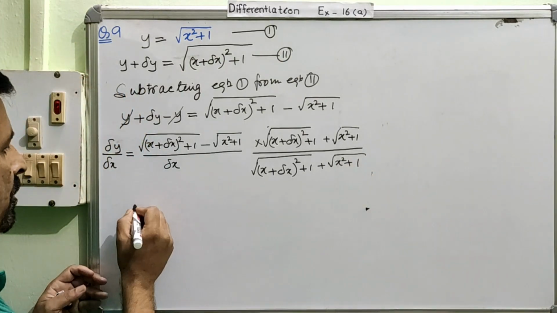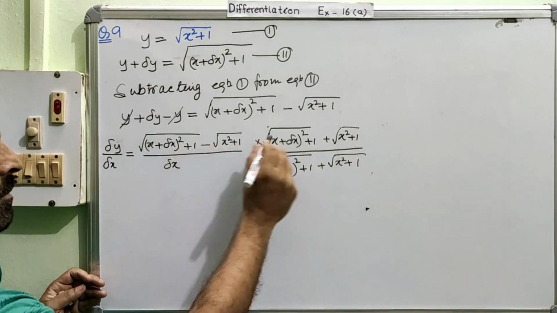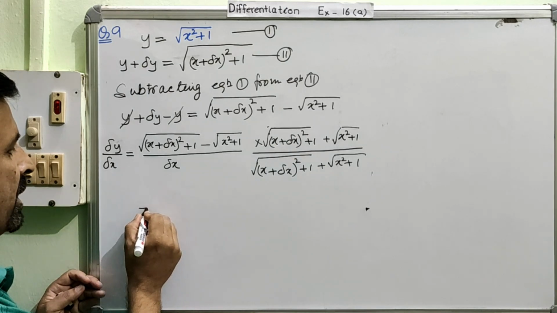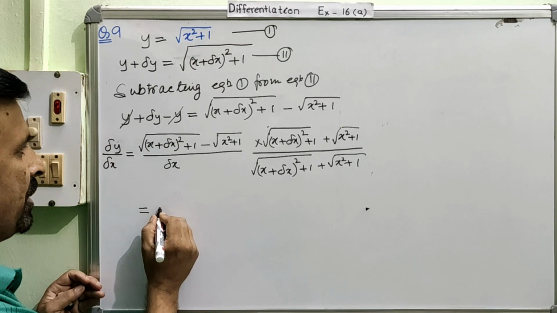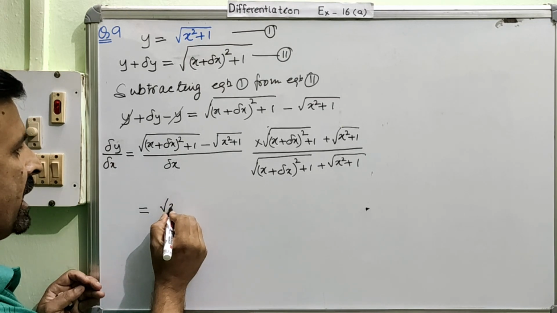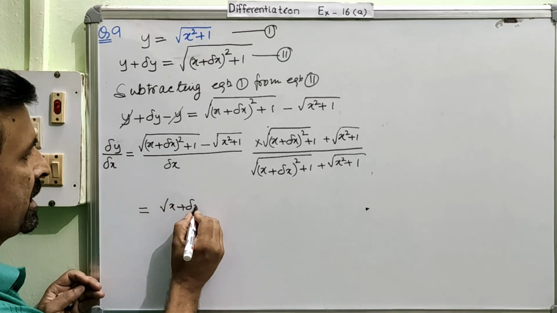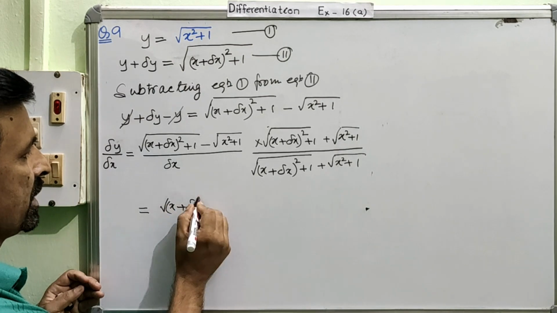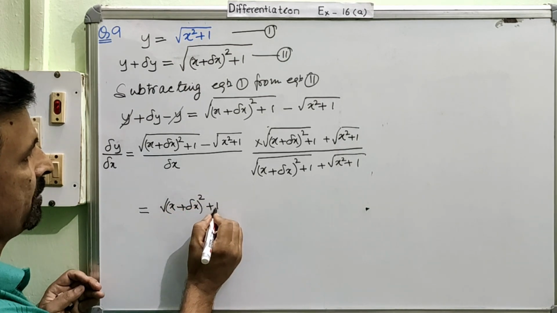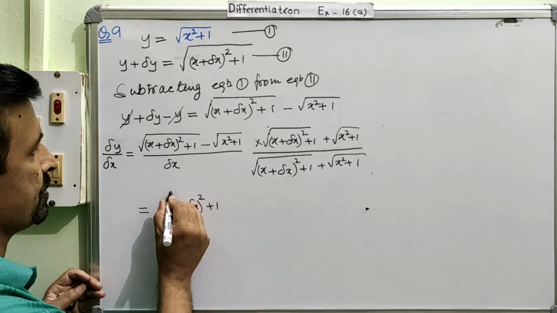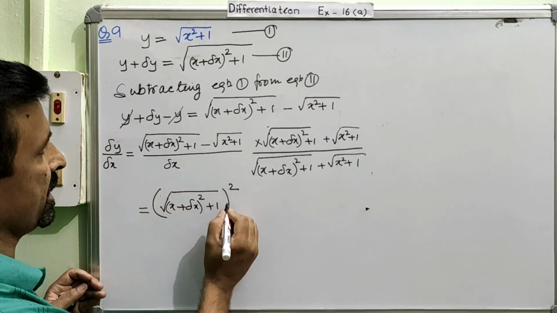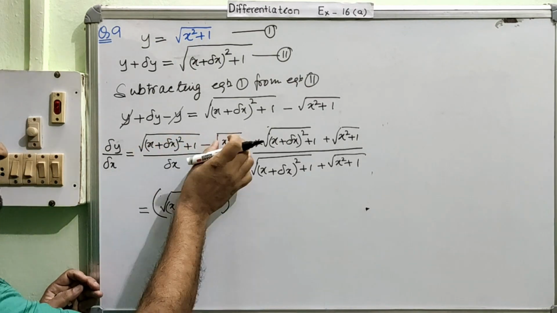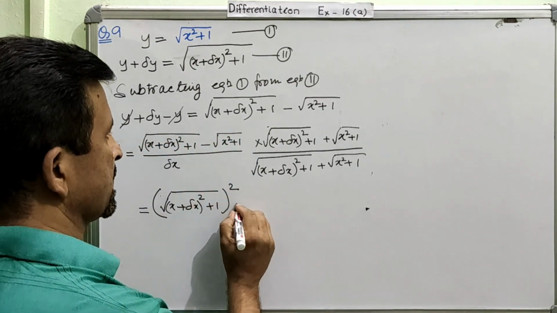Okay. Now the numerator is in the form of a difference of squares, so we will simplify and express it that way. This will become root over x plus delta x whole square plus 1, and then the square of this and the square of this, because this is a and this is b. So a square minus b square.